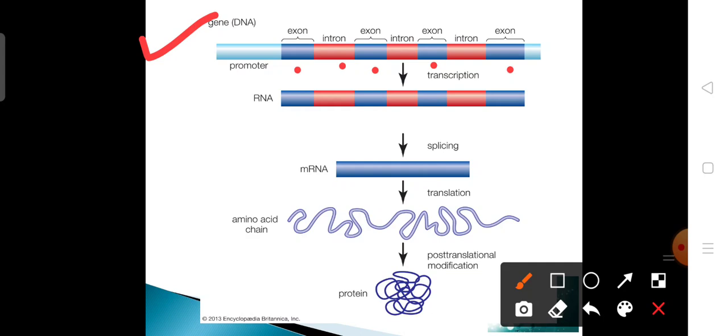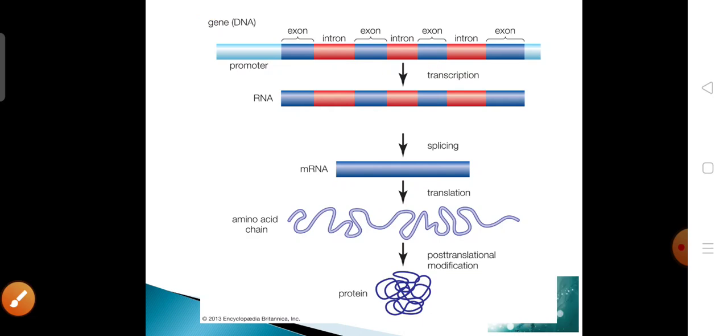Okay, so most of the time what happens, the whole genome, the whole DNA gets transcribed into RNA. See, when split genes were first discovered, scientists tried to know how the transcription and translation, or protein synthesis, takes place from such a split gene.